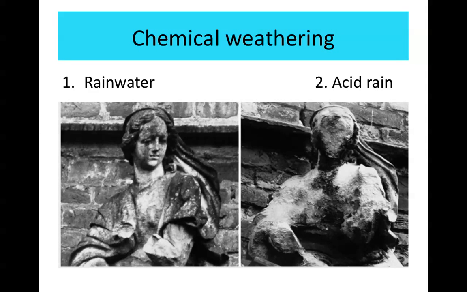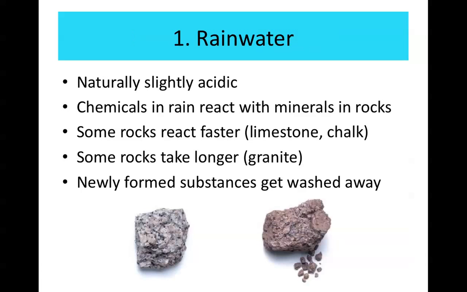The second type of weathering we'll look at is chemical weathering. Chemical weathering is all about chemicals and how chemicals can change rocks. Rainwater is naturally slightly acidic because it contains dissolved gases including carbon dioxide from the air, so when it rains the chemicals react with the minerals in the rocks.